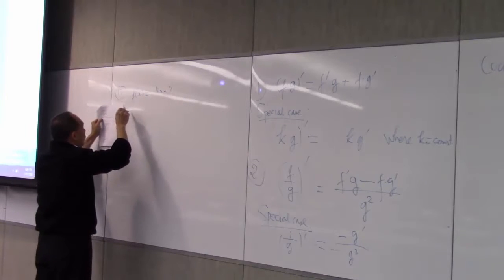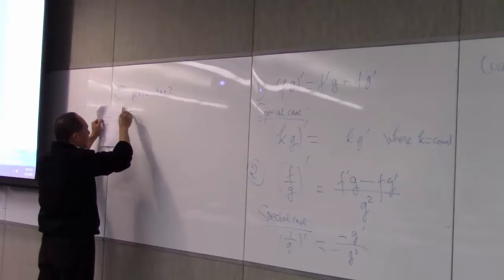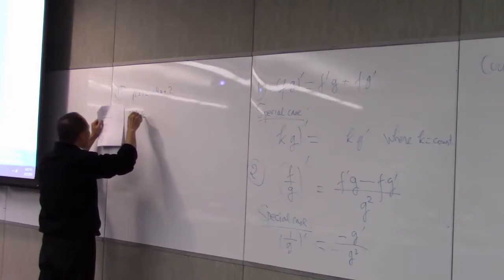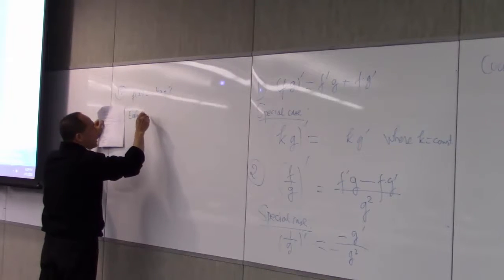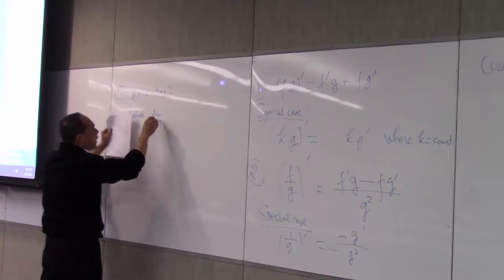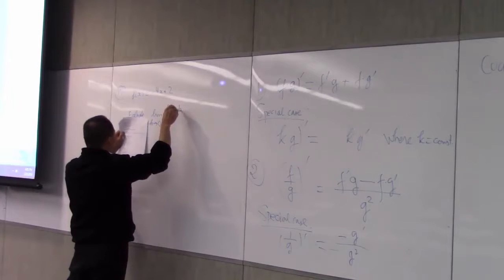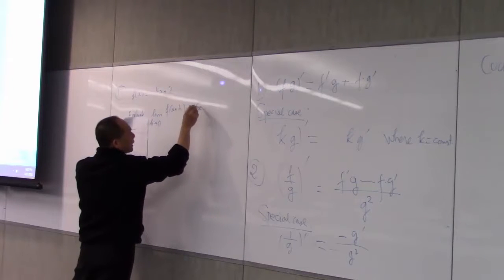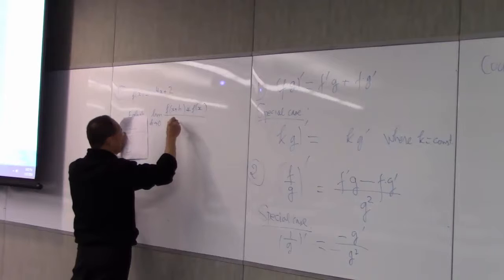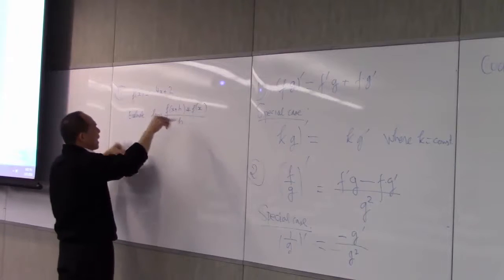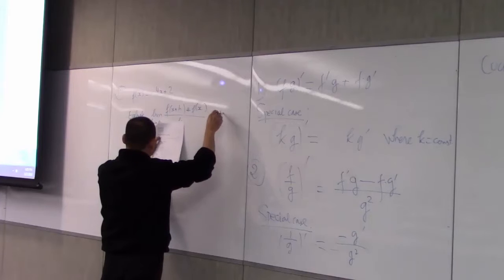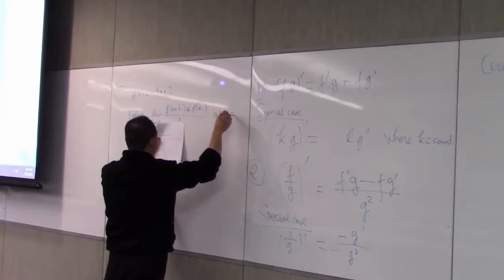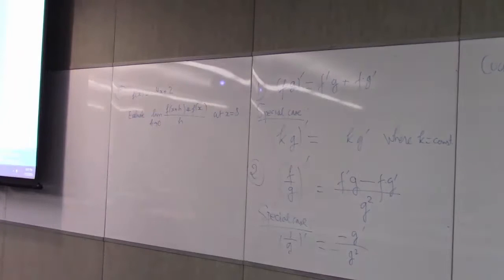Now they ask you to evaluate the limit as h approaches 0 of f of x plus h minus f of x, over h.